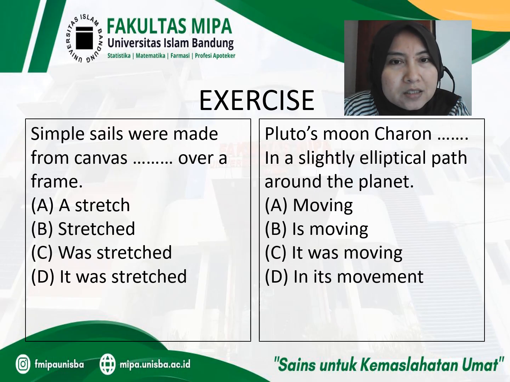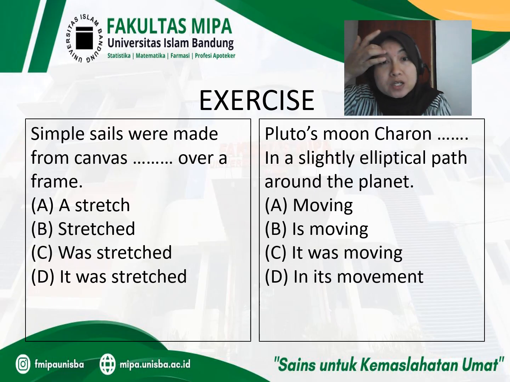Option C, was stretched, and D, it was stretched. Both options C and D add another verb. So we don't need a verb because we already have a verb in the question, which would make the sentence incorrect.